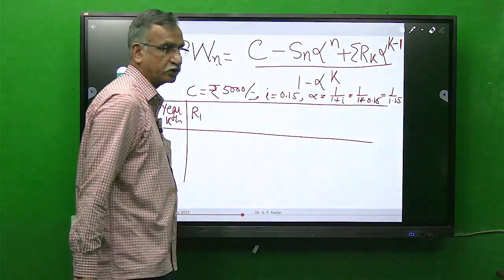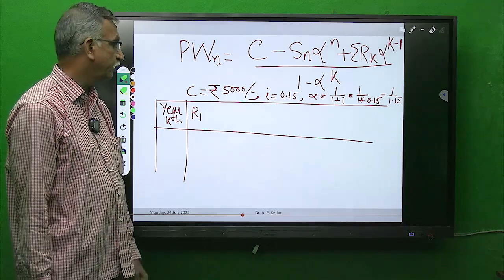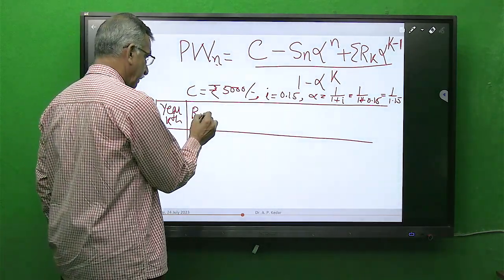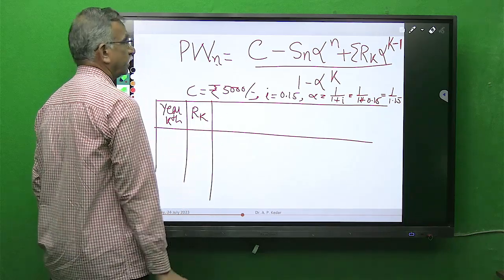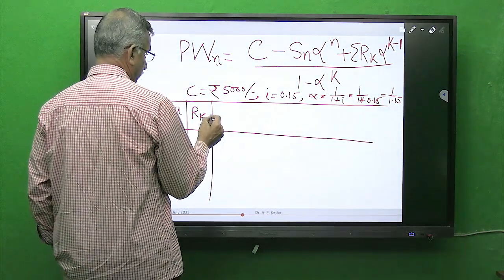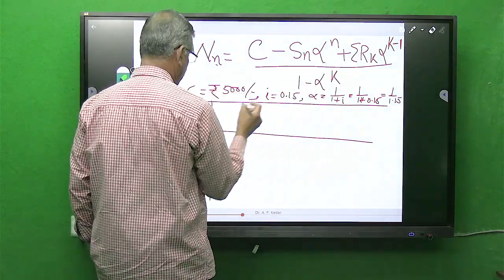We will calculate this fraction and then we will put in the problem. So Rk, then there is the term summation Rk.